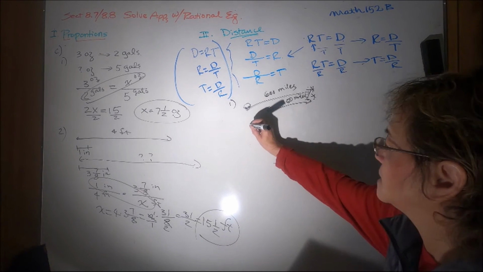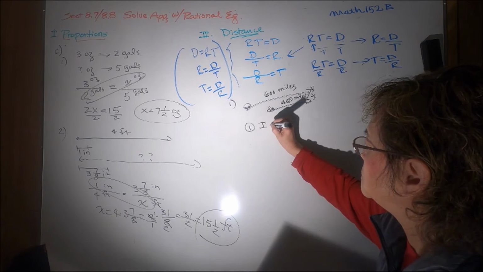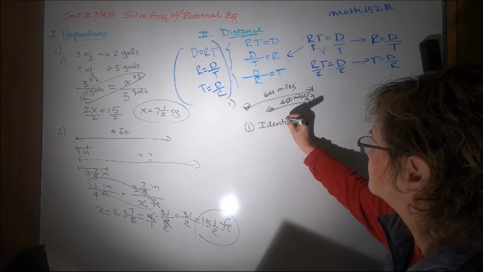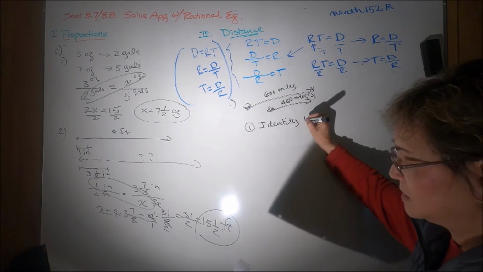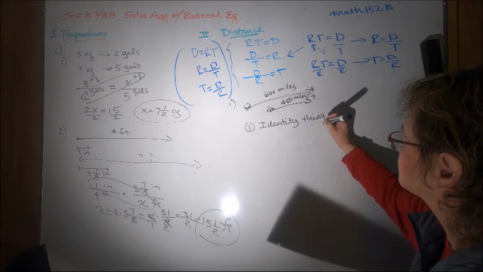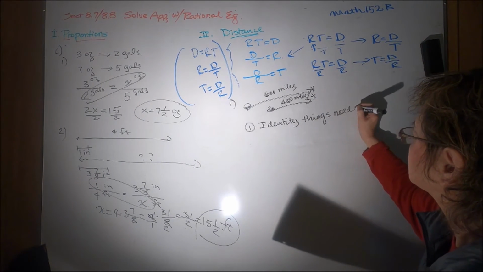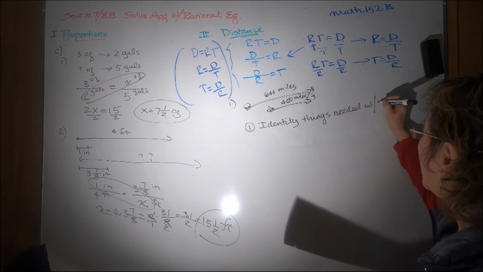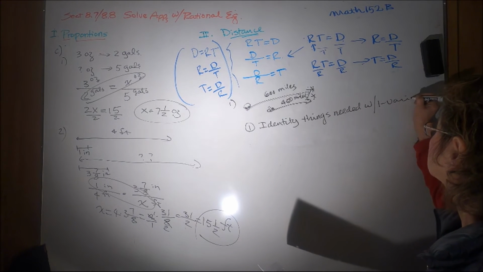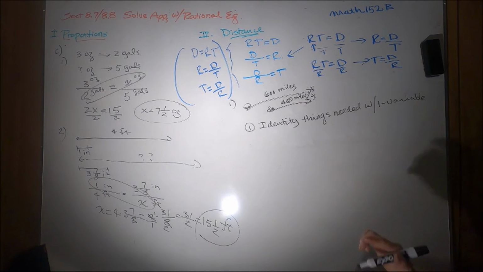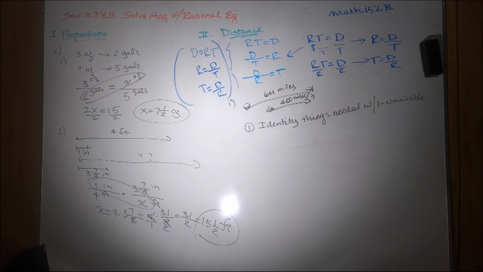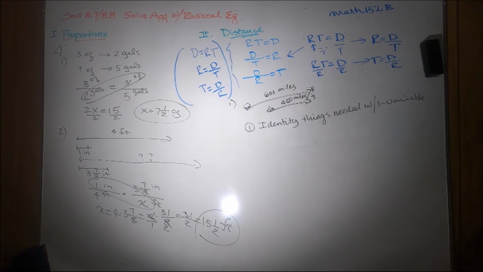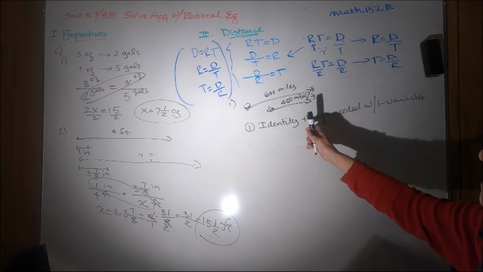Okay, you do it this way. First, you will identify things needed with just one variable. You don't know how to solve two variables yet. Just do one variable. Then you will write down everything you know of the situation.